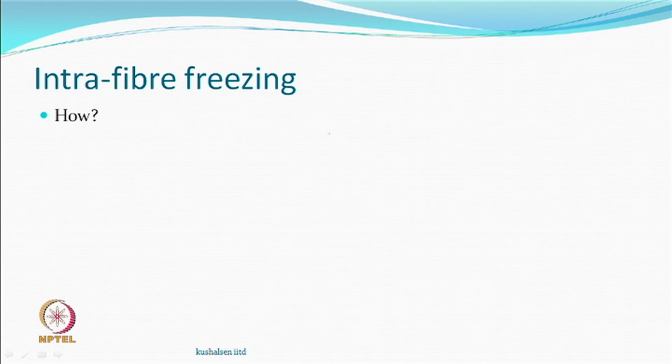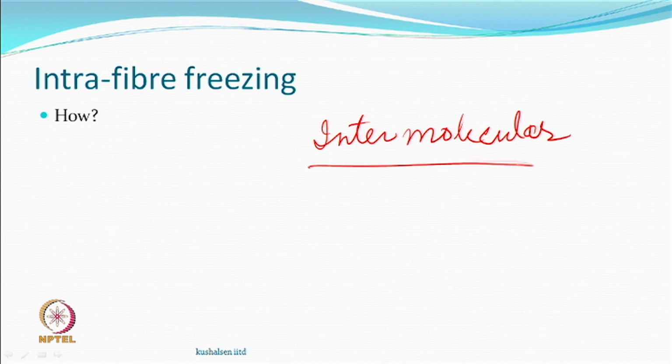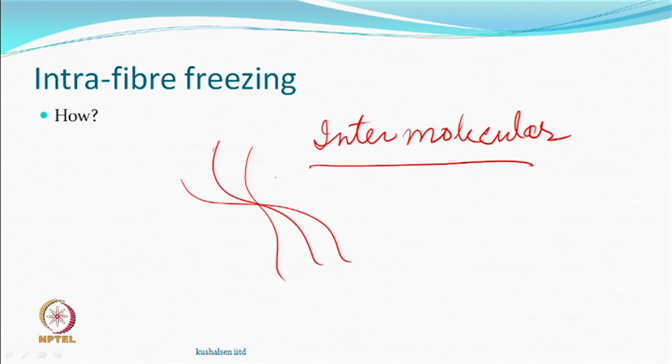The other thing could be intra-fiber. Intra-fiber means it is within the fiber and not outside it. That means it can also be said as intermolecular. If you have heard about cross-linking, have you heard?